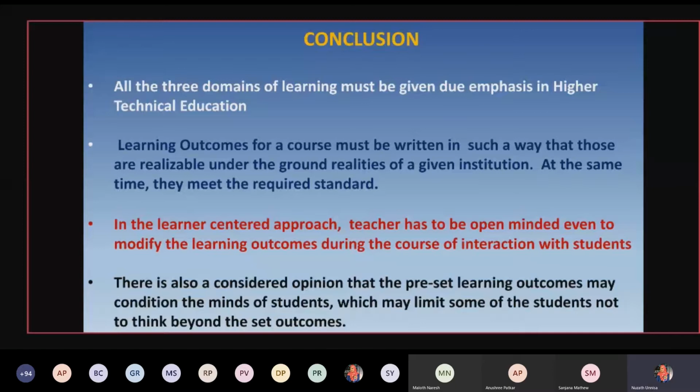Of course, the levels and standards are different for different institutions. So the learning outcomes should be framed so that they are realizable based on the ground reality of the particular institution, and at the same time we should be able to meet the standard requirements framed by NBA or NAAC or any accreditation body.